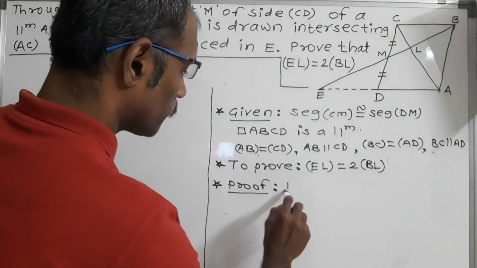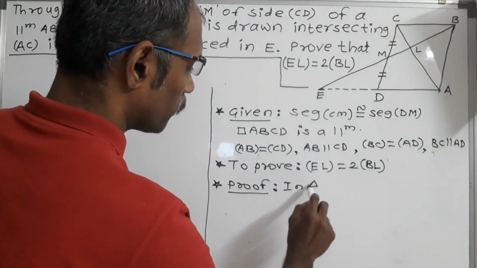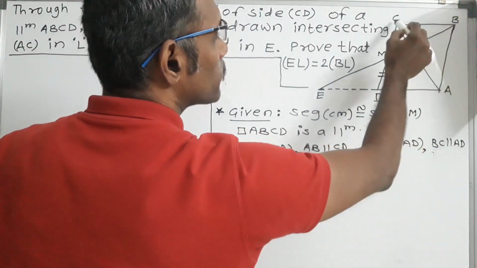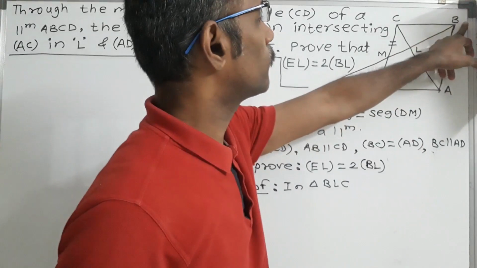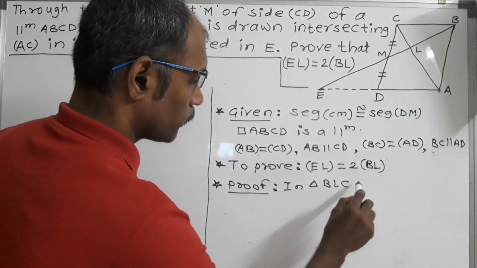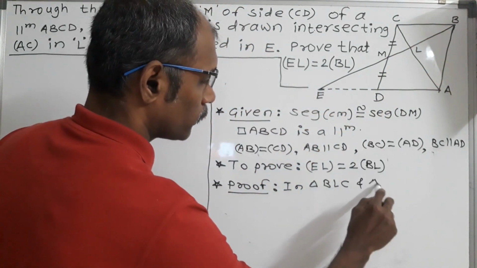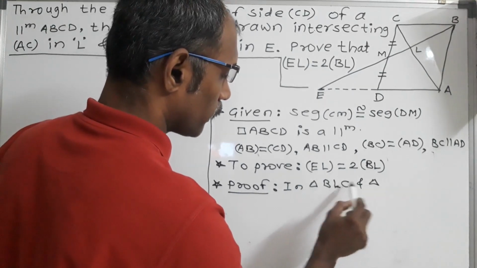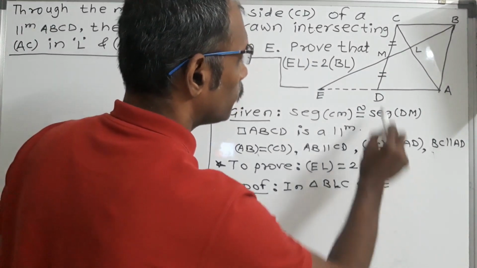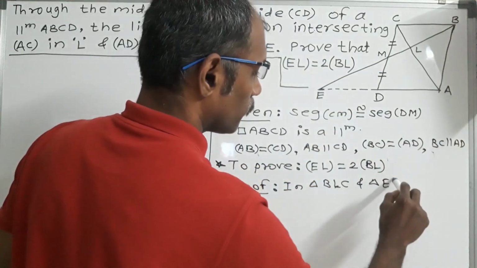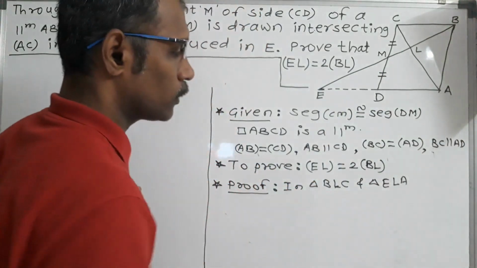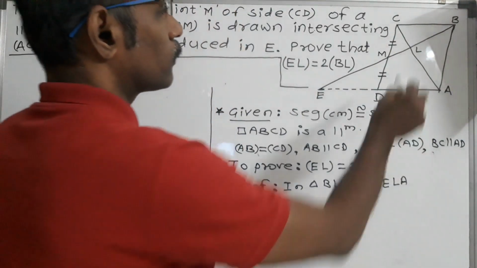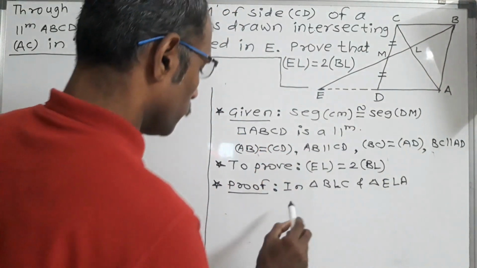Now see this, in triangle BLC, taking E as the opposite vertex of B, and in triangle ELA, in these two triangles, first of all we write vertically opposite angles.